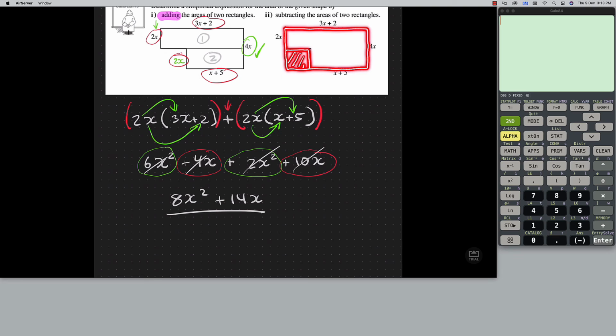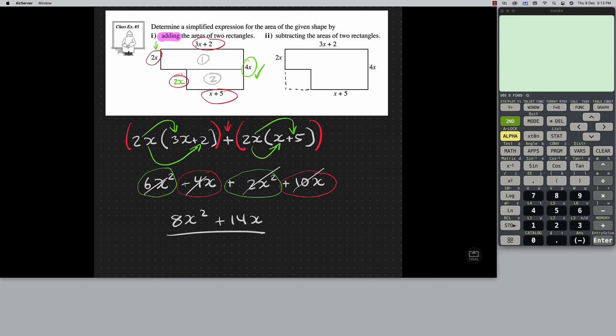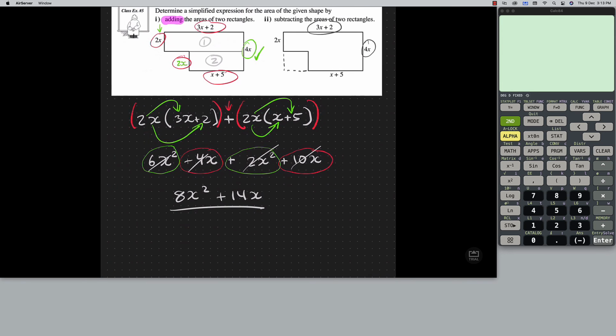So I need to find the area of the whole thing first. Let's see what dimensions they give us and what we can pull out of here. The whole thing would be that measurement times that measurement, the total height or width that we have and the total length right there. So I can just lay that one out right now.